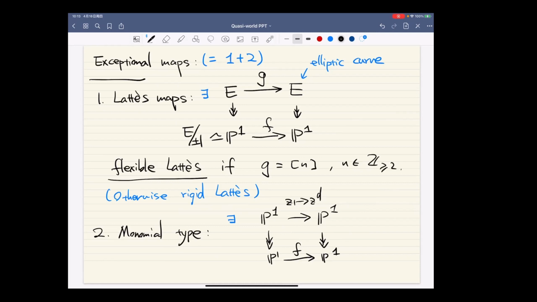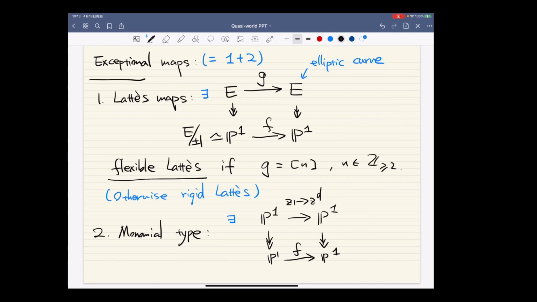A Lattès map is basically a map from an elliptic curve. It means that we have a morphism G on an elliptic curve E, and because P1 is just the elliptic curve quotient by plus and minus 1, this G descends to a map on P1. And if a rational map comes from this way, then we call it a Lattès map.